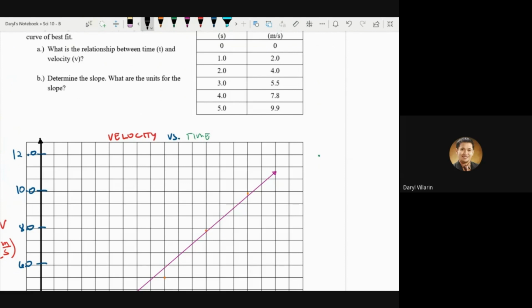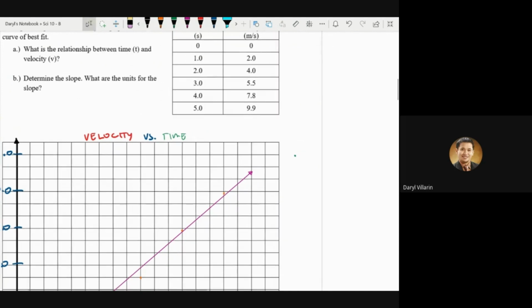So let's answer the question. What is the relationship between time and velocity? If this is an experiment, that's one of the things that you need to examine. What is the relationship of the two quantities involved in your experiment? In this case, we're trying to examine what happens to your velocity as time goes by.